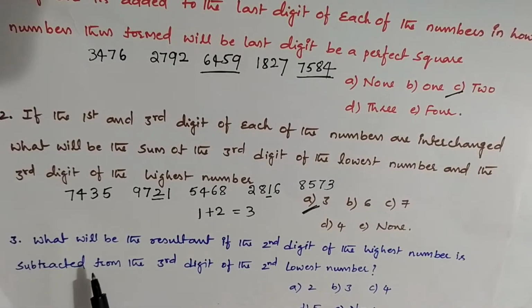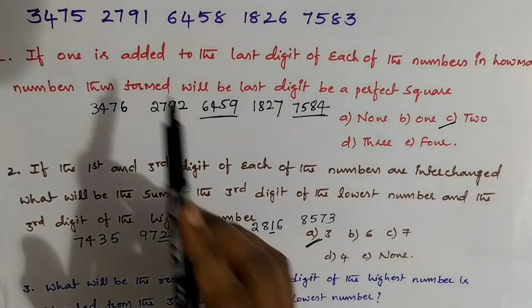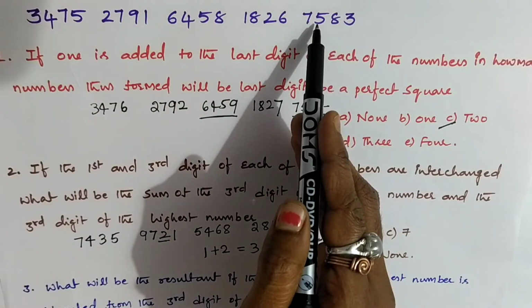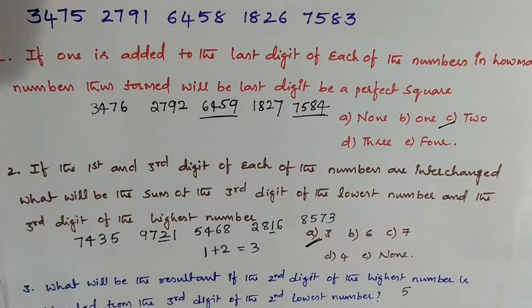Third question. What will be the resultant if the second digit of the highest number is subtracted from the third digit of the second lowest number? The highest number is 7483. The second digit of the highest number is 5. It is subtracted from the third digit of the second lowest number.